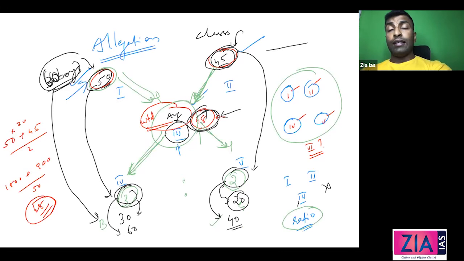Okay, now let's talk about other questions also. A shopkeeper is mixing 2 types of rice.